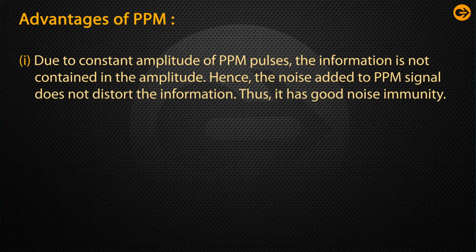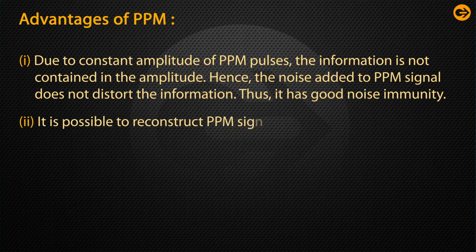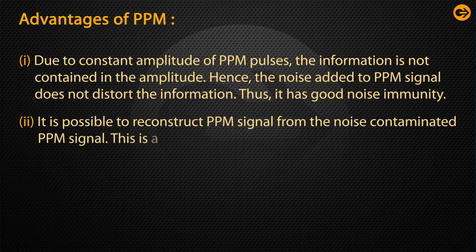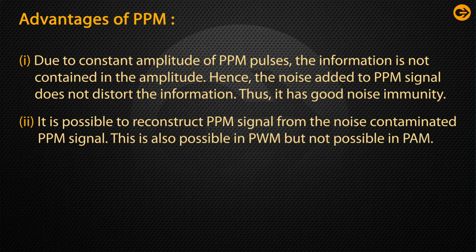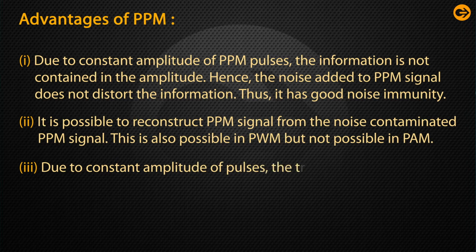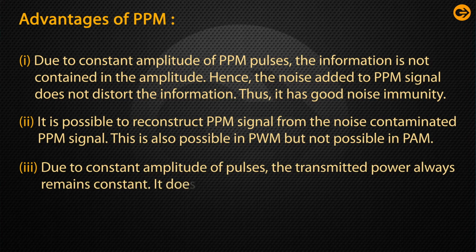The second advantage is that it is possible to reconstruct the PPM signal from the noise contaminated PPM signal. This is also possible in PWM but not possible in PAM. The third advantage is that, due to the constant amplitude of the pulses, the transmitted power always remains constant, fixed. So, it does not change as it does in PWM.